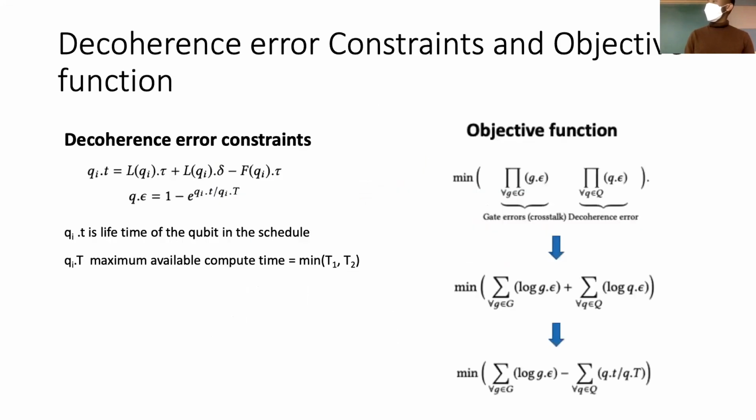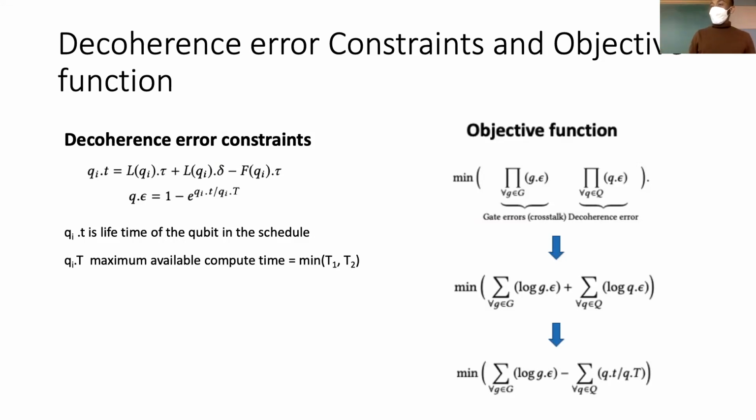When you apply two qubit gates at the same time, the way you apply a two qubit gate is you put those two qubits in resonance at the same frequency. But if you're applying another two qubit gate and there's some sort of frequency collision, there will be interaction between those two systems, which creates another error.